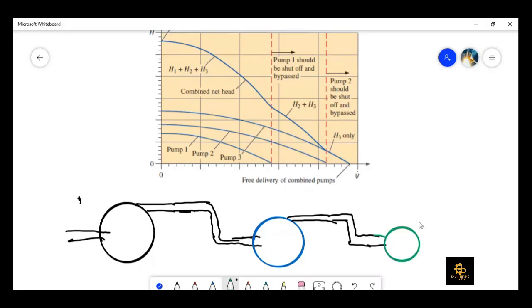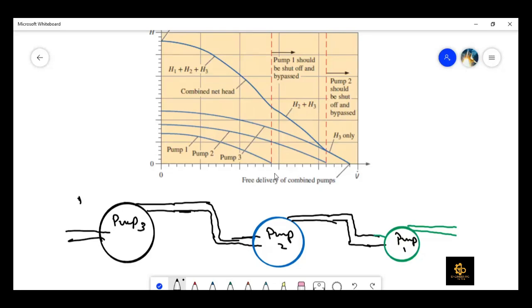So now, because pump 3 is the largest one, this is pump 3, this is pump 2, and this is pump 1, right? You can see the characteristic curves for the net head given for pumps 1, 2, and 3.